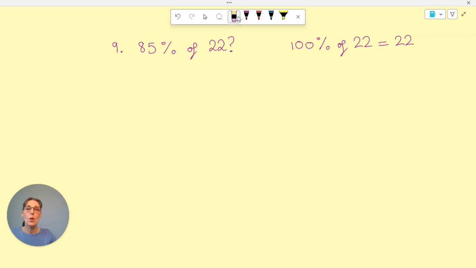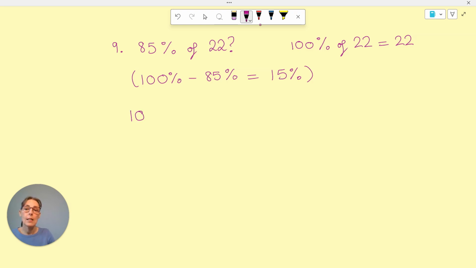We are looking for the whole thing, but the difference between, so 100% take away 85% equals 15%. So if I find 15%, I can take 15% away from 22, and that gives me the answer.